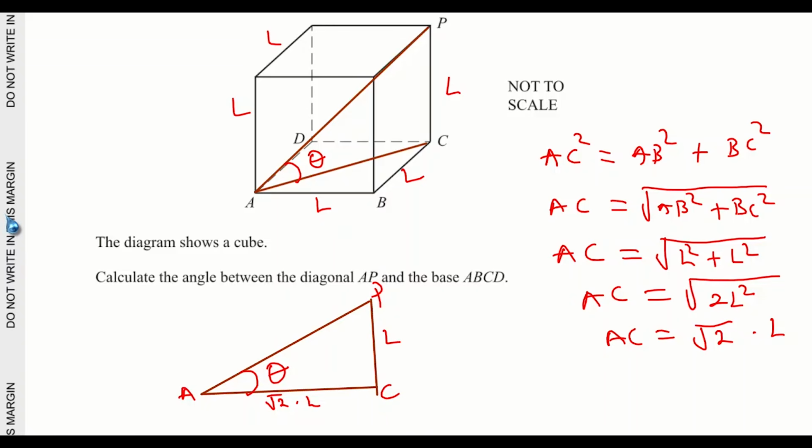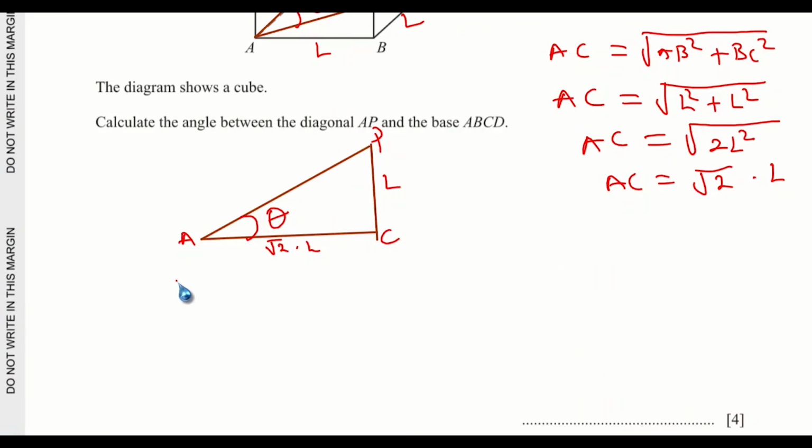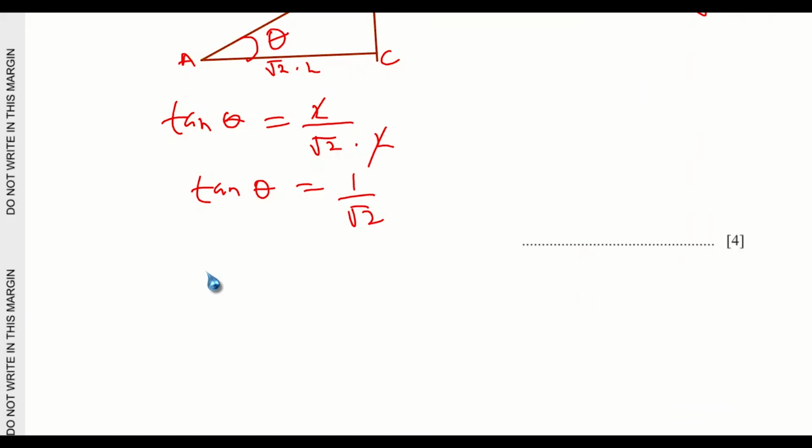So using opposite over adjacent, that is tan theta. So tan theta equals L over root 2 times L. So we cancel the L, and we are left with tan theta equals 1 over root 2. So we can take tan inverse of both sides.